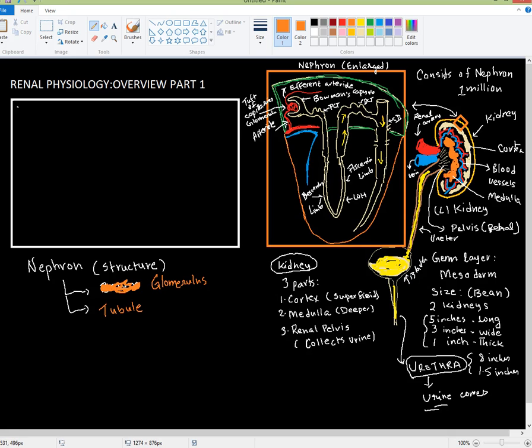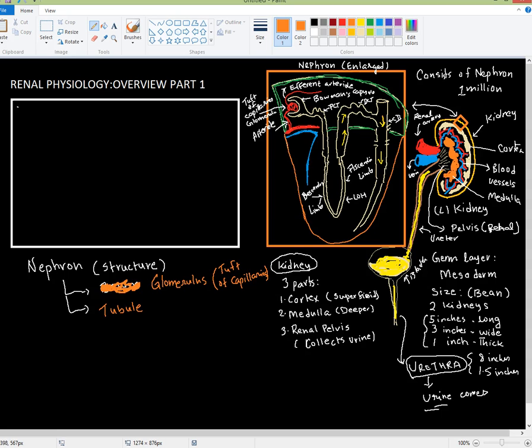And glomerulus, we saw, is a tuft of capillaries. That's glomerulus. This bunch of capillaries, which is in the Bowman's capsule.